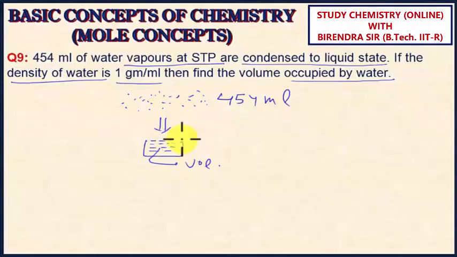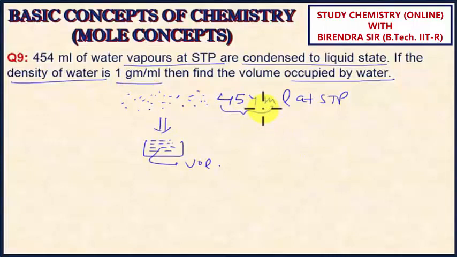What is the definite property for both? Mass. Whether it is water or it is vapor, both mass will be the same. So here our job is to convert this volume which is given at STP into mass, and that mass will be converted into volume with the help of the density of water.